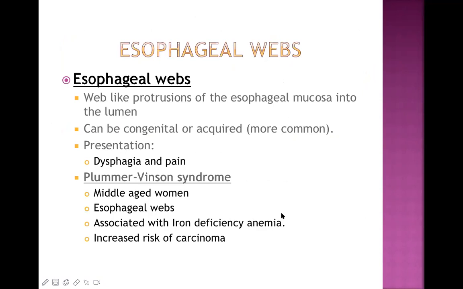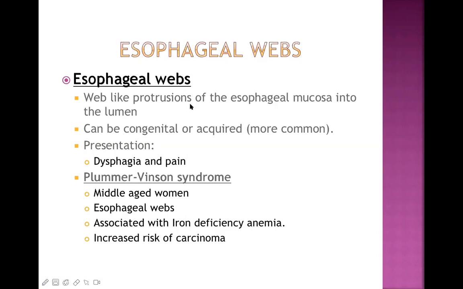Now let's talk about esophageal web, some of the important points only. There is a lot of pathology which we have combined together inside this topic. Esophageal web is a web-like protrusion made mainly of membrane or mucosa.